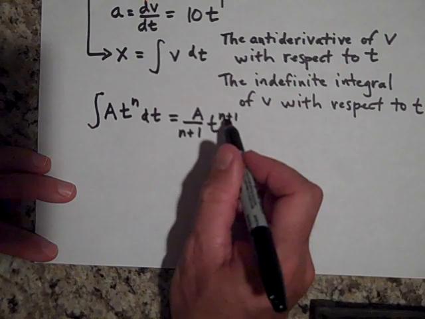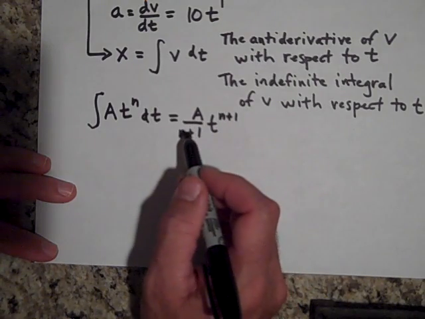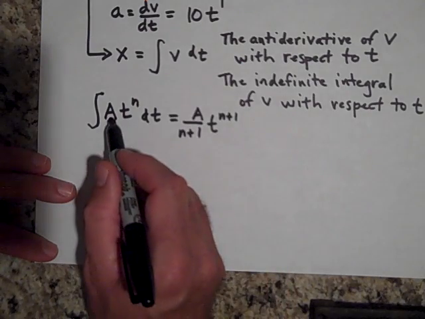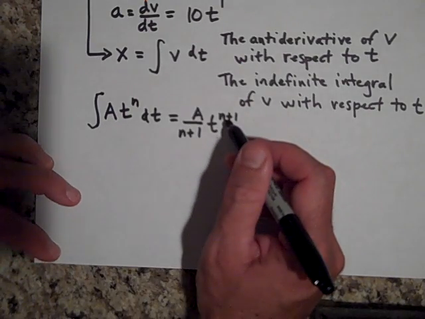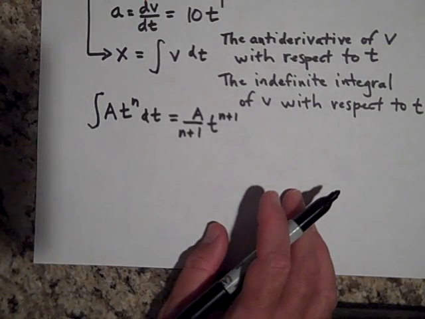And the reason that works is when you take this and multiply it by the coefficient, do you see how these cancel and you're left just with a? And then when you lop 1 off this, you'll just be left with n. So that's how you do that.